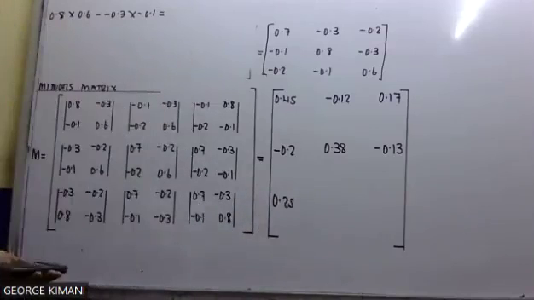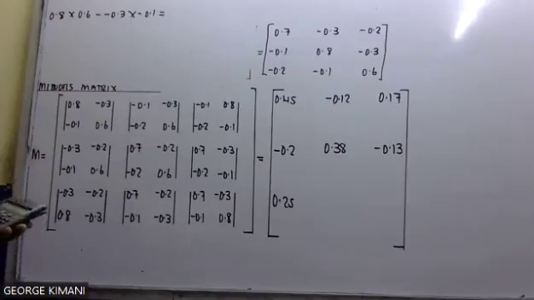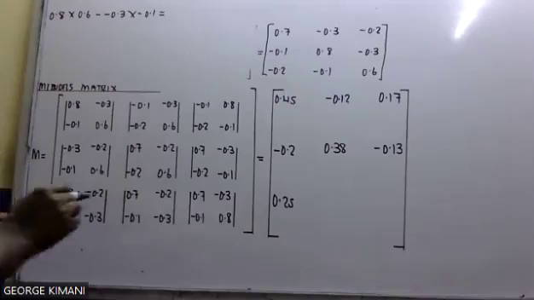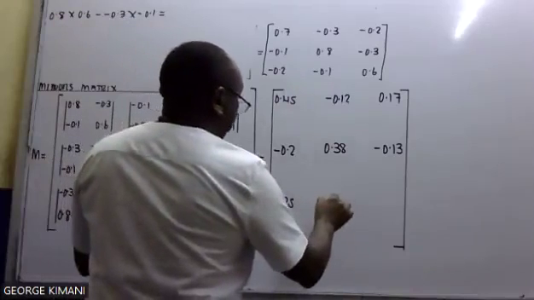0.7 times negative 0.3 minus 0.2 times minus 0.1 equals negative 0.23.